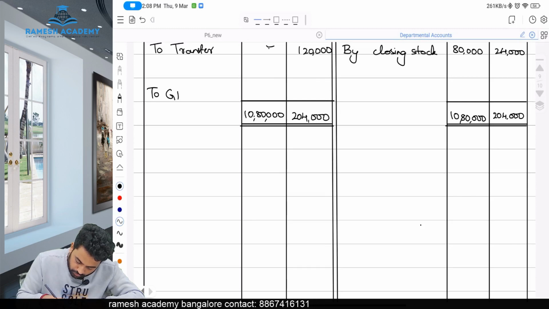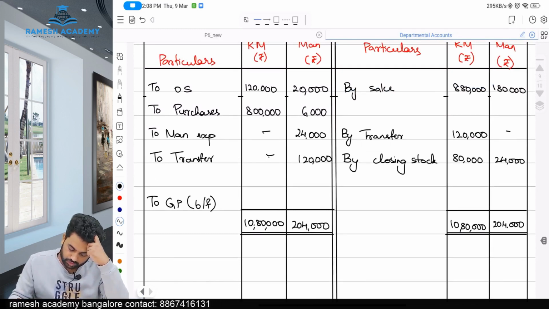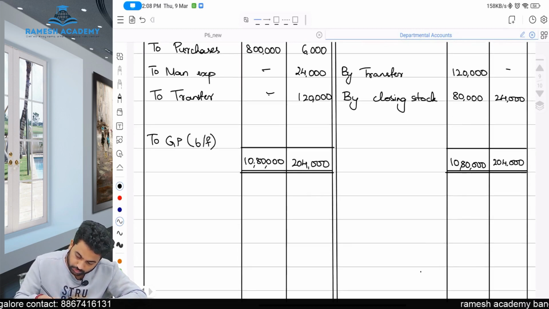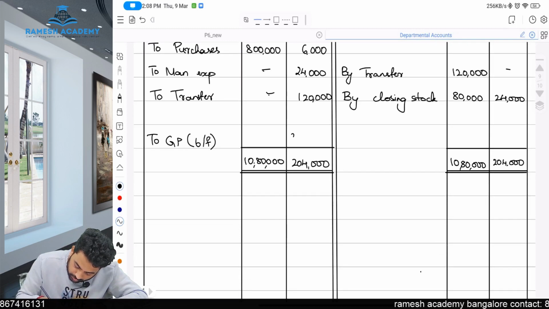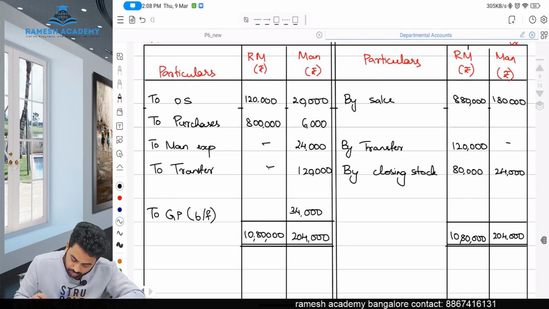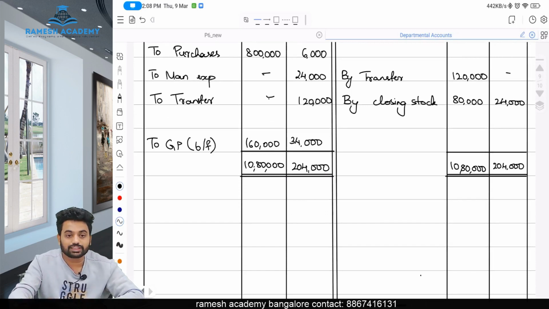To gross profit, 204, 120 plus 20, 140, 140 plus 30, 170, 170, 34,000 is the gross profit. For the manufacturing department, 34,000 is the gross profit. And for the raw material department, 160 is the gross profit.